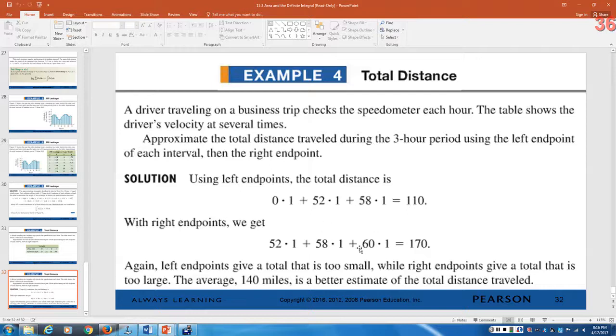In the last interval, if you go from right endpoints, he went 52 plus 58 plus 60 miles, which makes more sense, because if you go from the left ones, you're leaving out that last hour. The average of the two is actually how far he went: 110 plus 170, which is 280. He probably went about 140 miles. Okay?